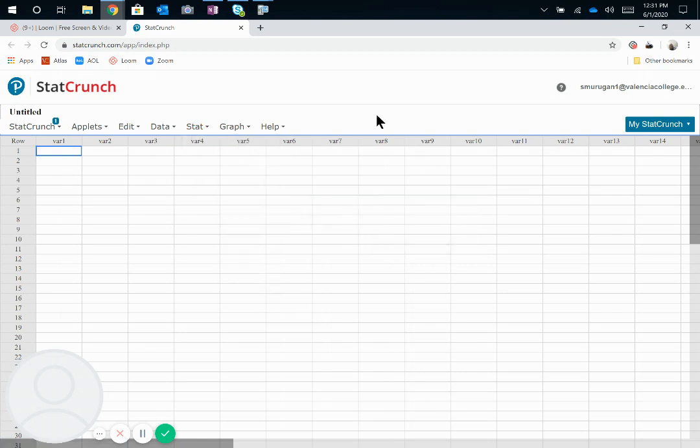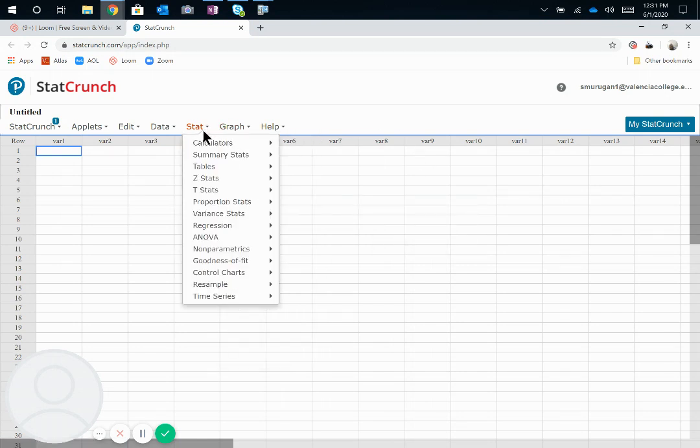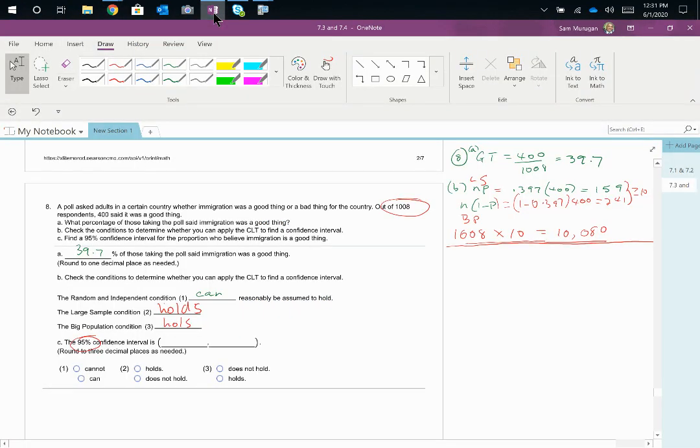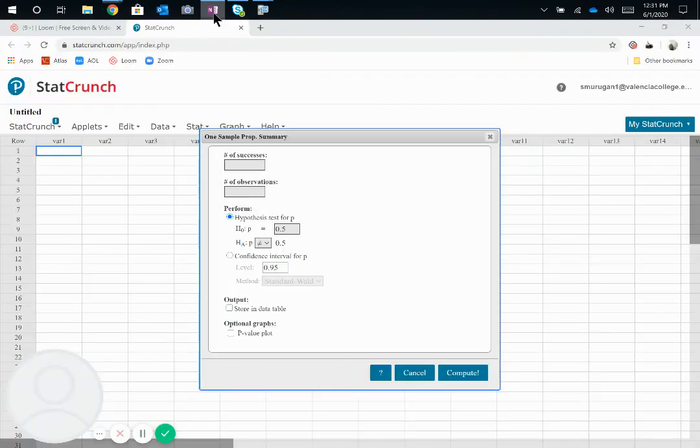Okay, so let me do that again. Stat, proportion stat, one sample with summary. And you see this. Now, in this, you want to type your two numbers. The successes is 400, and the sample is 1,008. So 400 goes here.